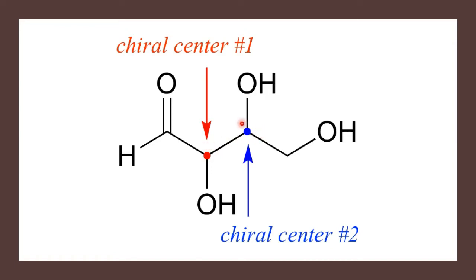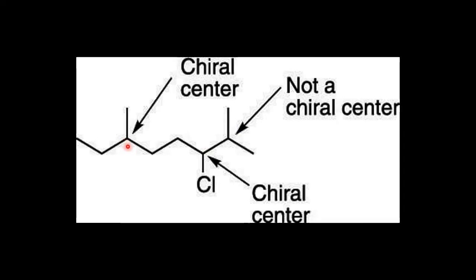The other one is also connected to all four of the valence electrons of the carbon. This one is a chiral center because they are all connected to all four of the valence electrons of the carbon. This is also another chiral center, but this one is not a chiral center because it is not connected to all four of the valence electrons of the carbon molecule.